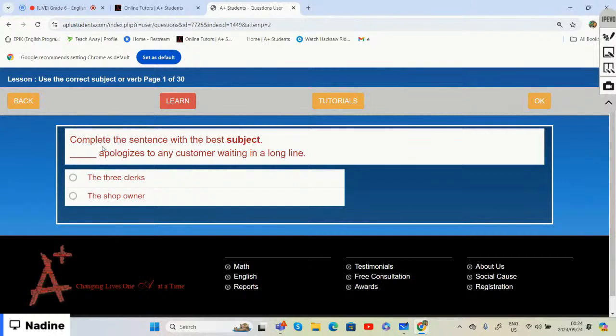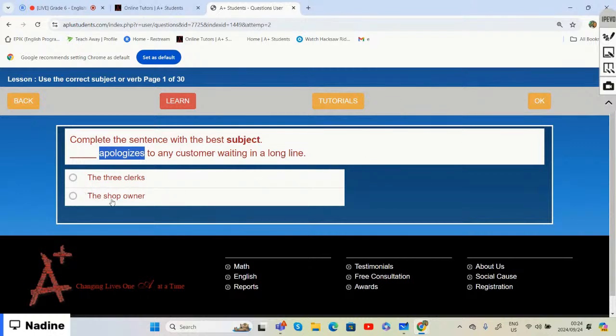It says we need to complete the sentence with the best subject. So we need to choose the best subject to complete the sentence. Do we say the three clerks apologizes to any customers waiting in line?